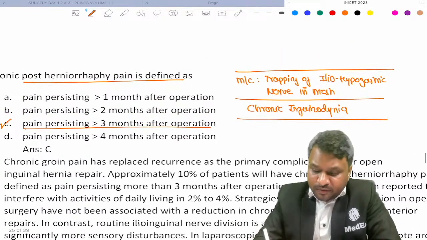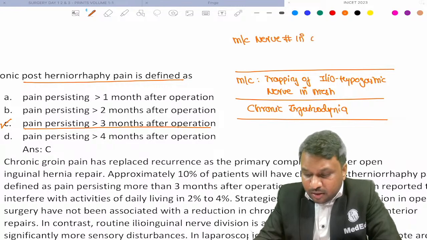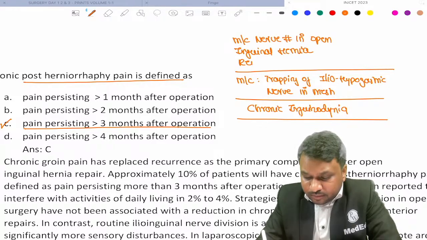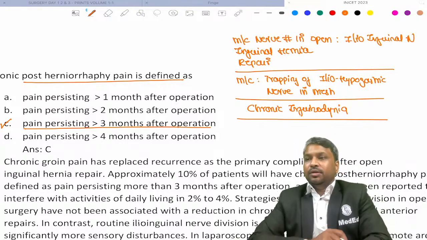What is the most common nerve damage in open inguinal hernia repair? It is going to be the ilioinguinal nerve.